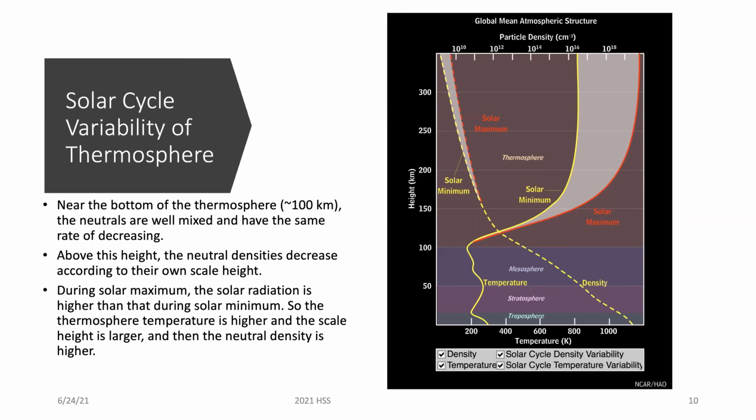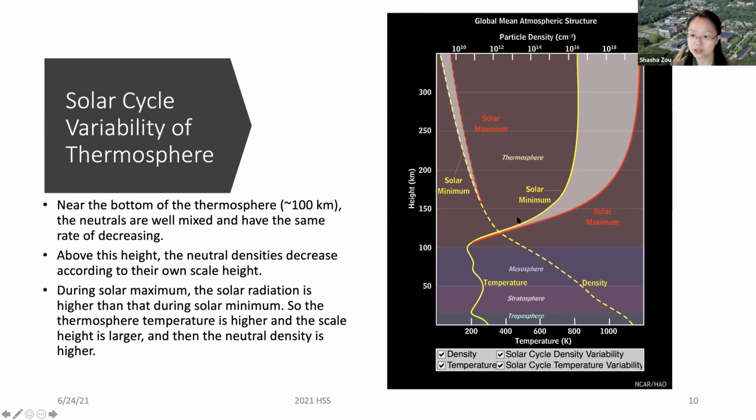Yes, the variations can also be seen at lower altitude. That plot itself is about 400 kilometers, but if you plot from either empirical models or numerical simulations, you will see that it also exists down to 100 or 200 kilometers. You can also see it from here. I can use this solar cycle variability plot to show you.